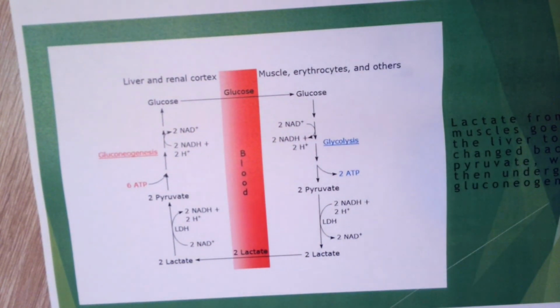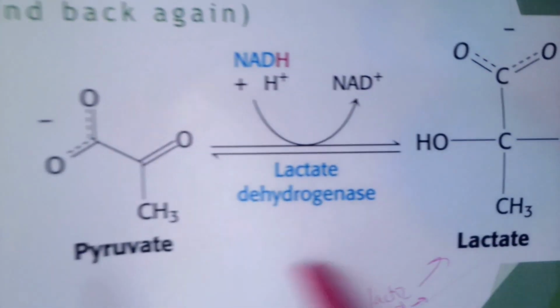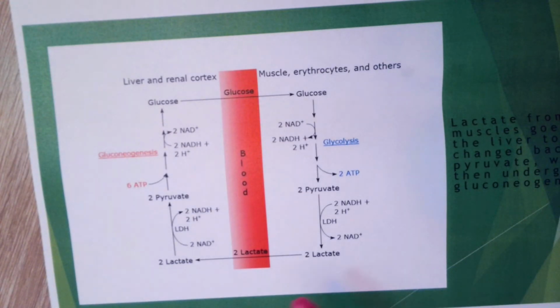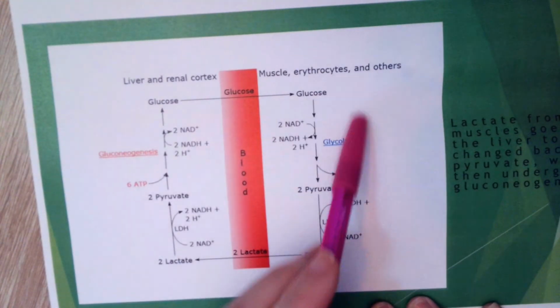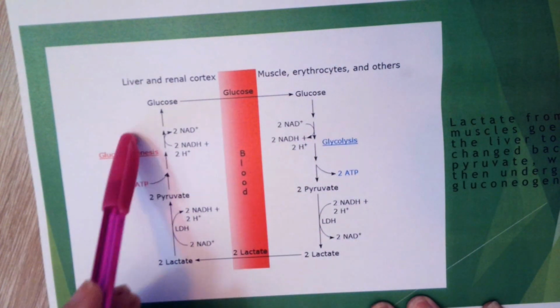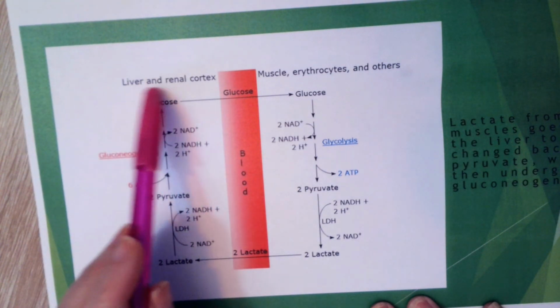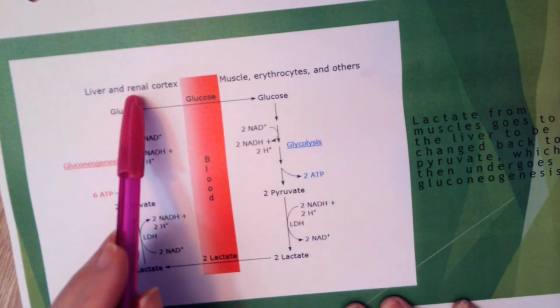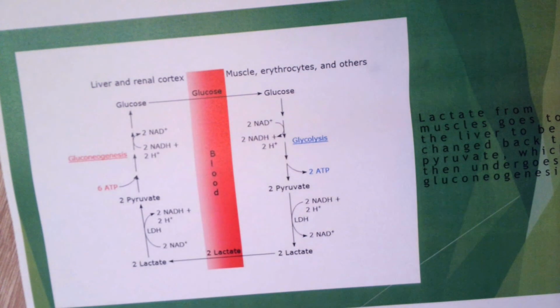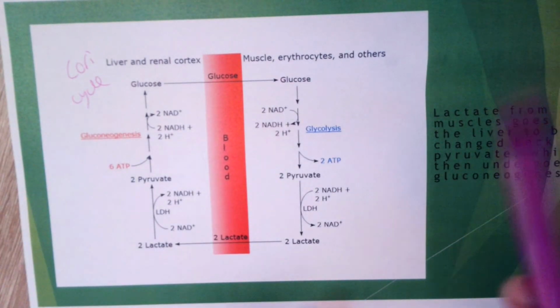Okay, so we know how we got lactate. We turned our pyruvate into lactate, and this is happening in skeletal muscle, right? So over here, we have the skeletal muscle and other types of cells too. It's not just in muscle cells. And over here, we have the liver, a little bit in the renal cortex, but specifically your hepatocytes are the most active for running the Cori cycle. So this would be the Cori cycle happening over here.